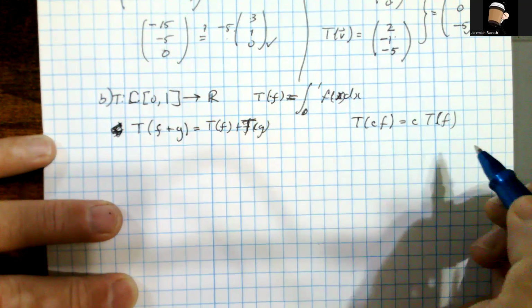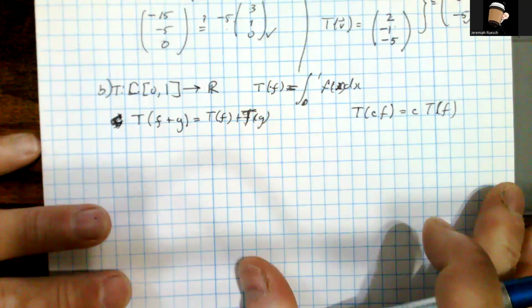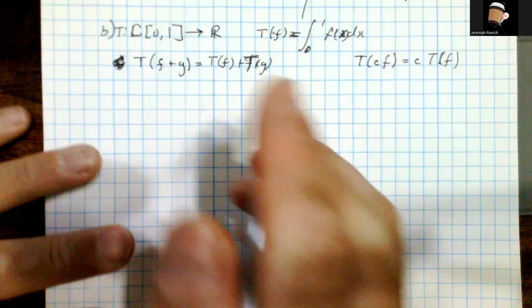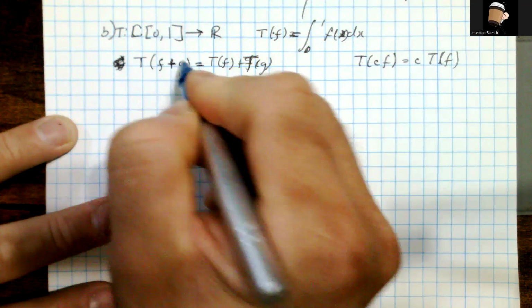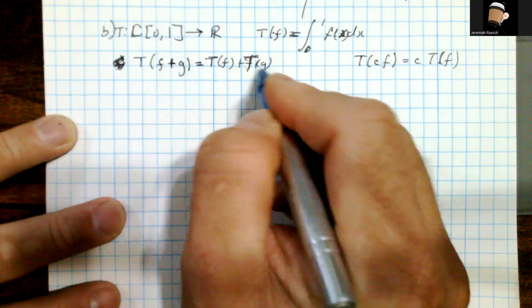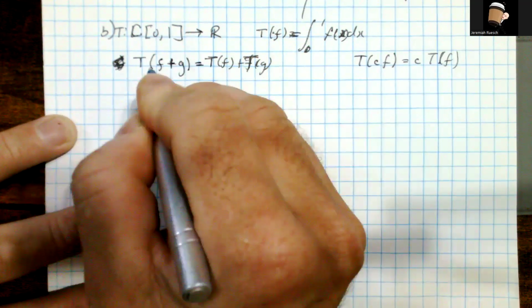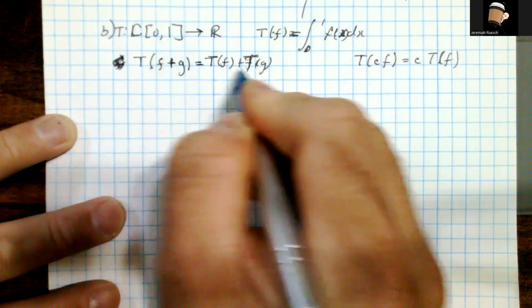A lot of this is going to rely on the linearity properties of the integral. So a good hunch is probably this is true just because we know that the integral has these properties. So I'm going to start on this side and end up on the other side on both of these examples.